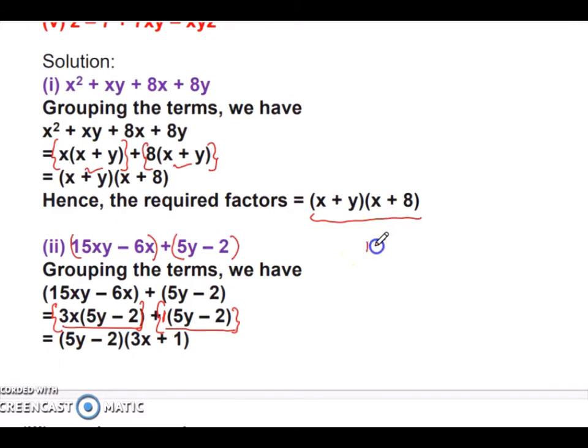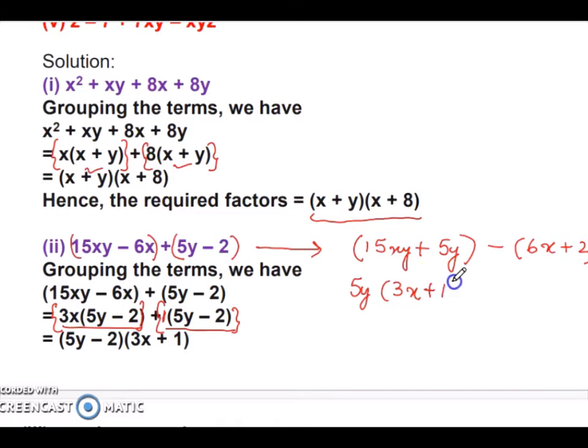If I combine 15xy plus 5y as one group, and if I take minus outside and 6x plus 2 as another group, now from the first group I can take 5y common. If I take 5y common, I will get within the bracket 3x plus 1.